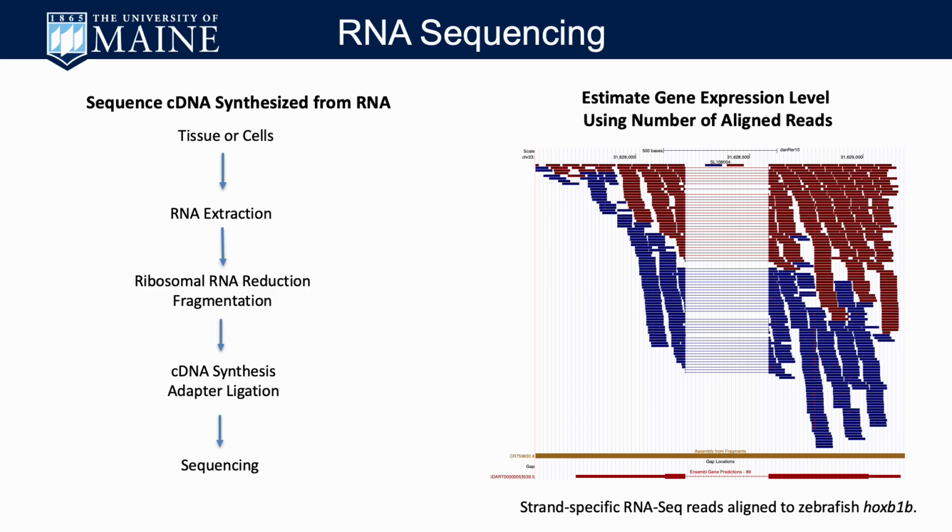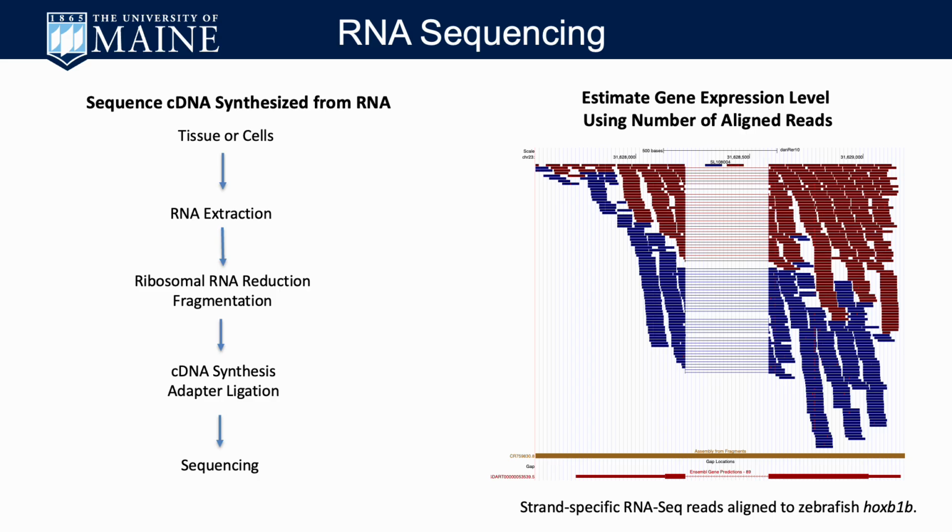Those RNAs are fragmented, cDNA is synthesized, and then adapters that are specific to the sequencing platform are ligated onto the ends of those cDNA fragments, and then finally those cDNA fragments are sequenced. And for a given sample with bulk RNA sequencing, which is where you're characterizing expression in a tissue or a large number of cells, you might generate 30 million sequencing reads per sample.